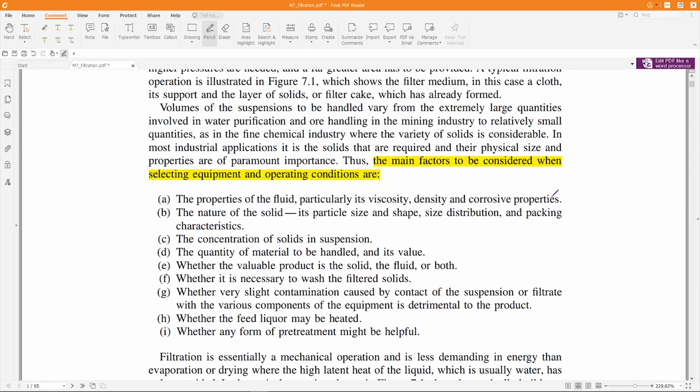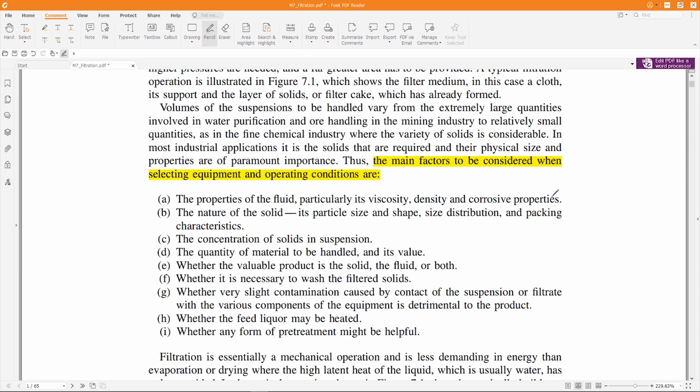So what are the main factors to consider when you want to select the equipment and operating conditions? You want to select equipment for filtration, and the operating conditions.